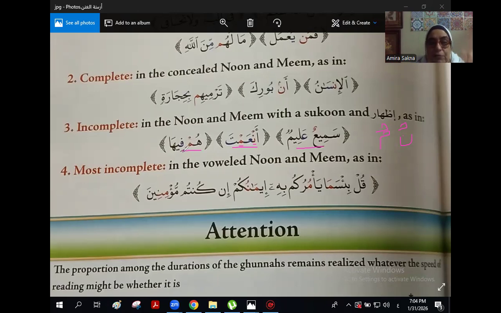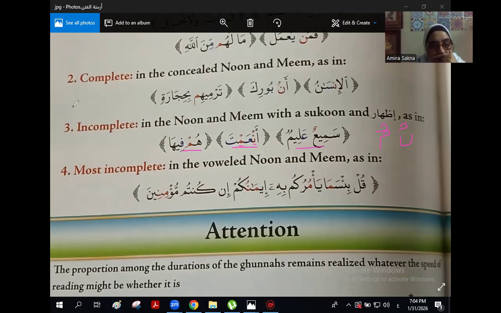We said when meme is followed by waw or fa, pay attention not to apply idgham or merging, because the articulation point of meme and waw is the same, they are sharing it, and fa has a close articulation point. So pay attention to clarify the meme. "Hum". Close your lips and give it its time. Otherwise, you will merge it inattentively. "Hum fiha".